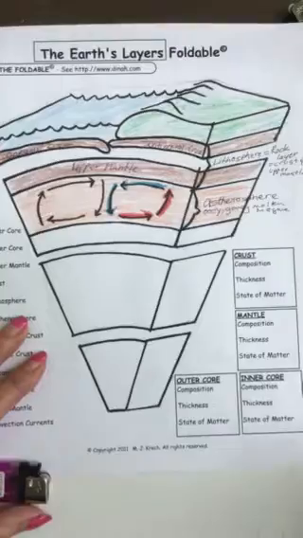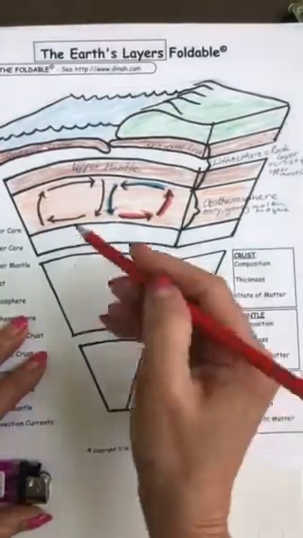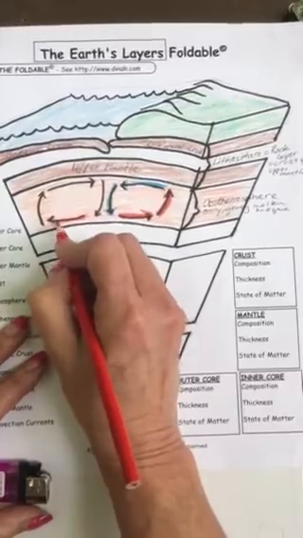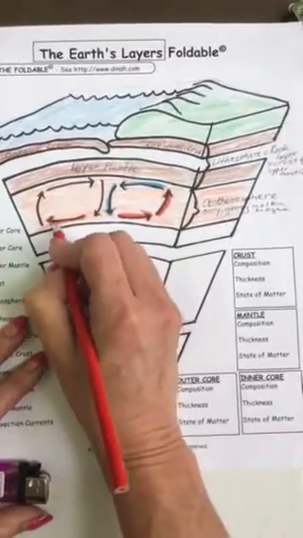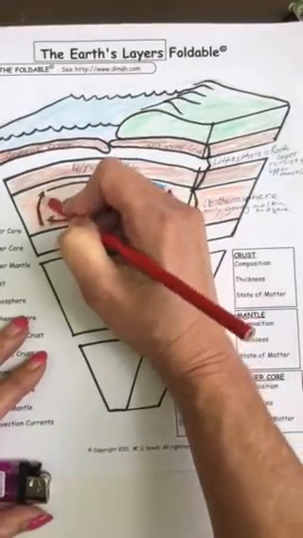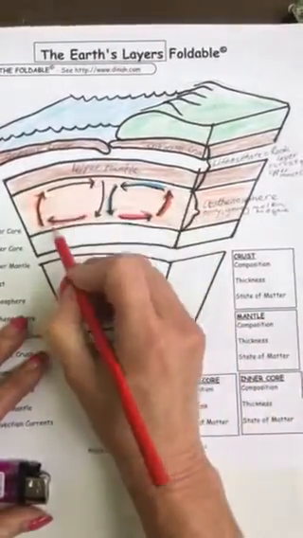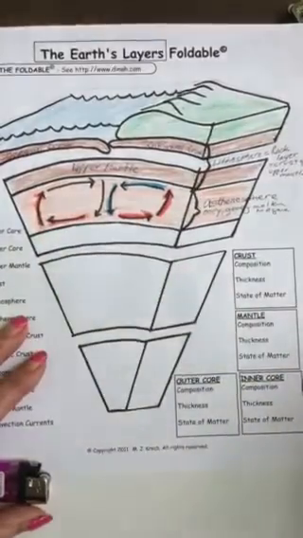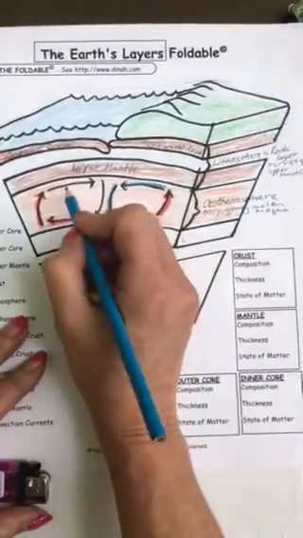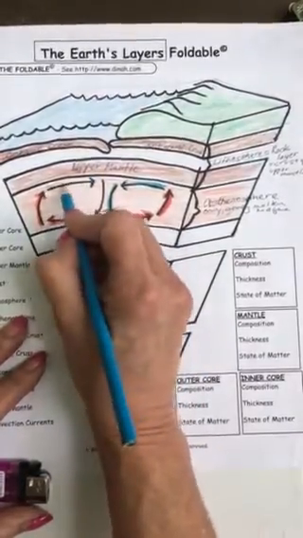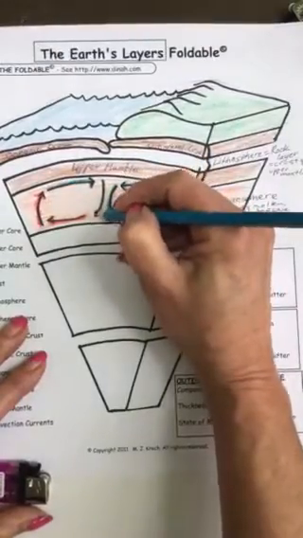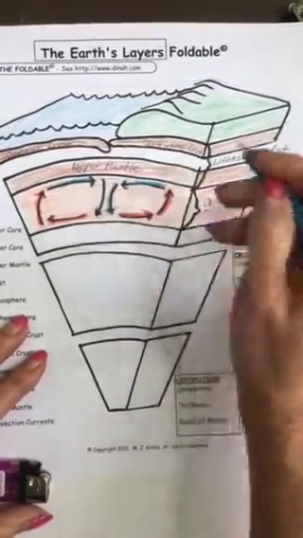So your convection currents should look like mine. Once again, warmer towards the center of the earth because the center of the earth contains all the heat of the earth from when it formed. So that warm magma down here is rising and it reaches the upper mantle or the lithosphere, and it's cooler here, so it begins to sink again because cool things are more dense.